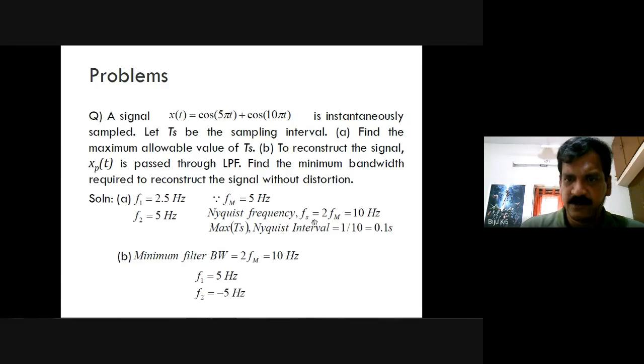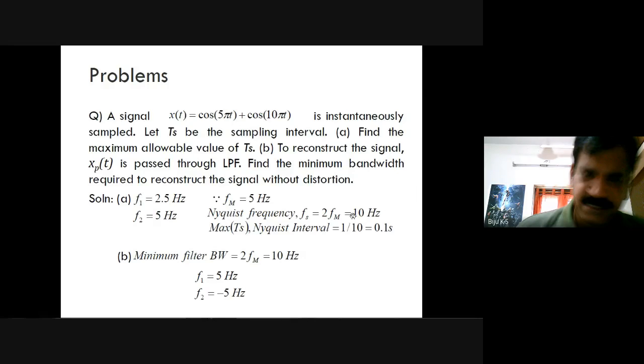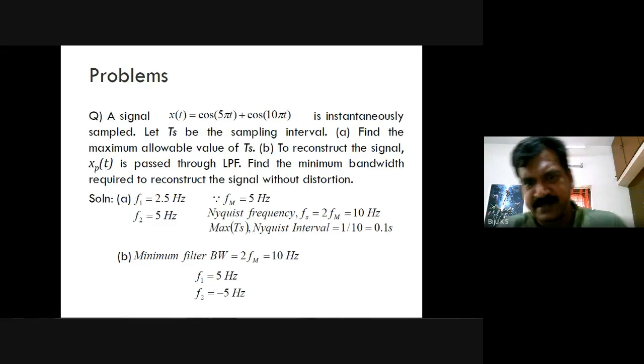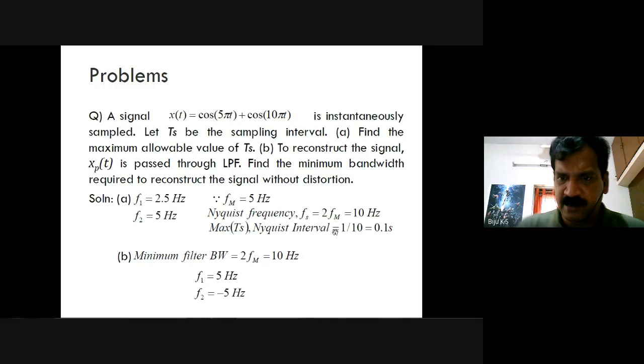So even though our sampling frequency Fs is equal to 100 hertz, 100 hertz means the bandwidth is 100 hertz. In a filter, we can see that it has a lower part and an upper part. So total bandwidth is 100 hertz. In the frequency domain, F1 is 5 hertz and F2 is minus 5 hertz.